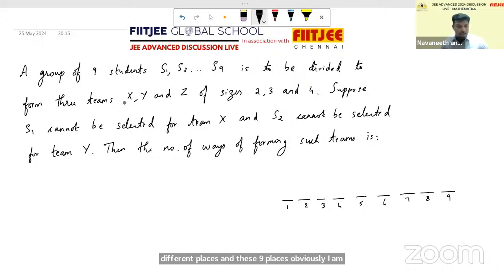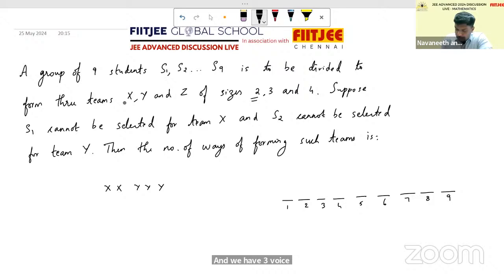Now we have to assign them to 3 teams, X, Y, and Z. How many students will go to team X? There will be 2 students, right? So let's call them X. We have 2 X's, 3 Y's, and 4 Z's.